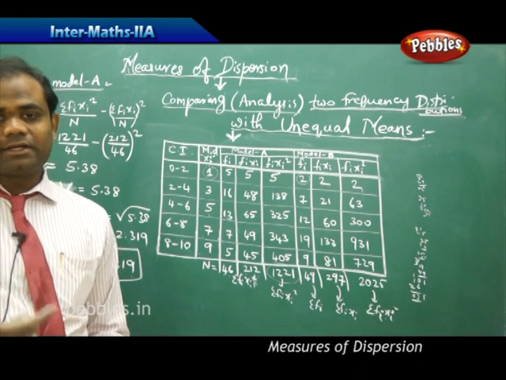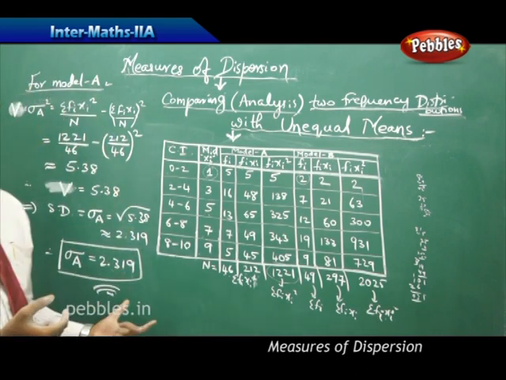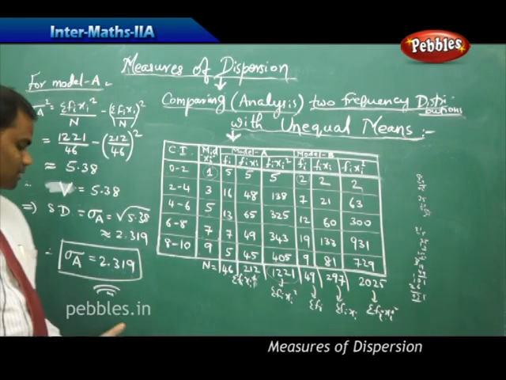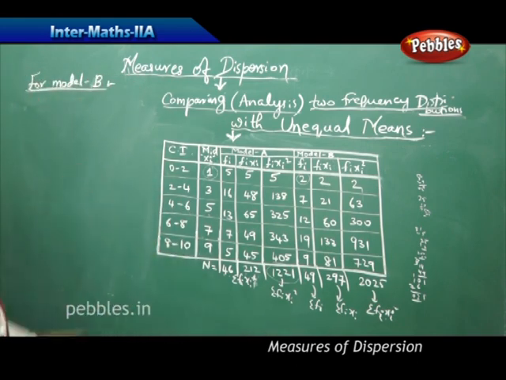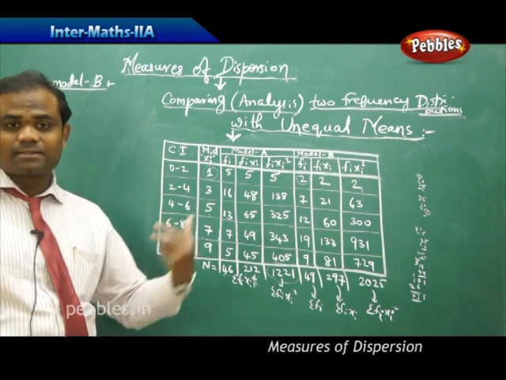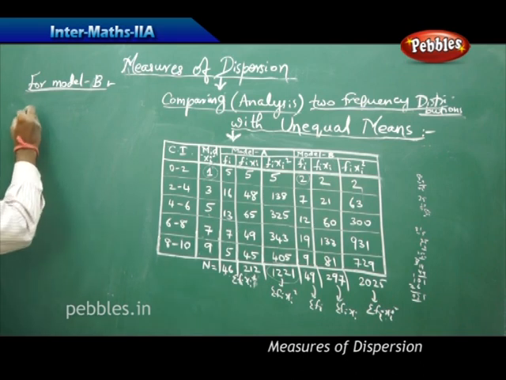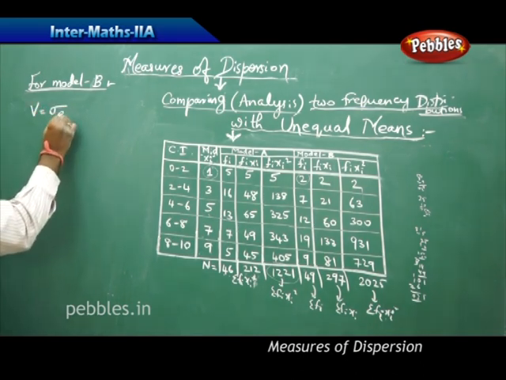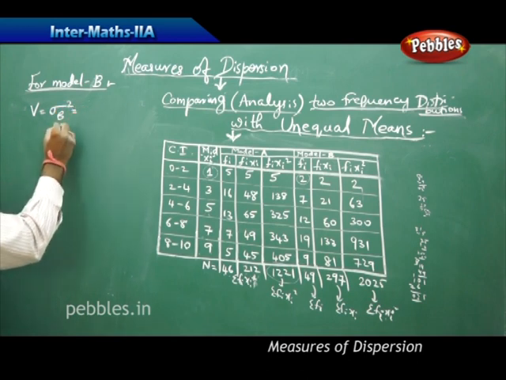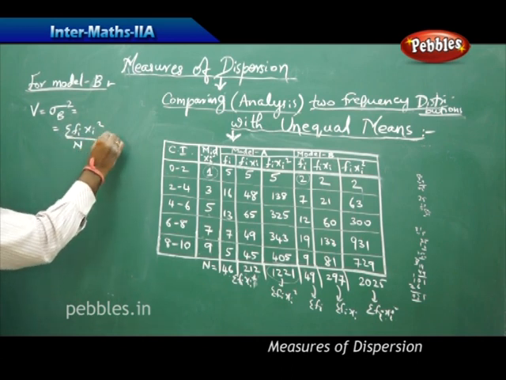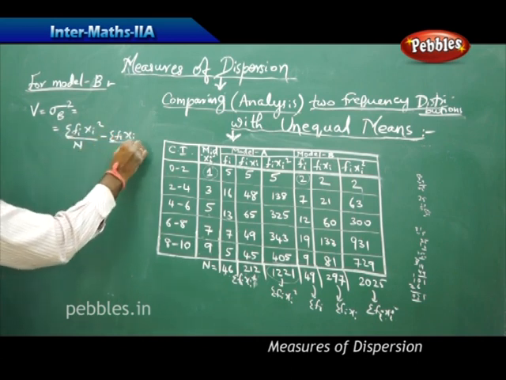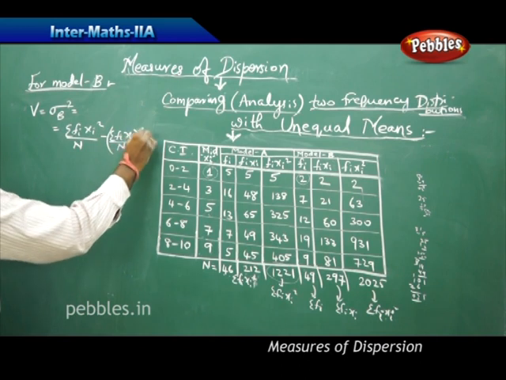Similarly, we find the standard deviation of model B using a similar process as that of model A. Here my variance is given by the formula sigma fi xi square by n minus (sigma fi xi by n) whole square.